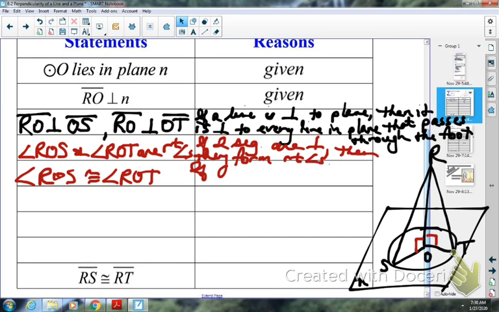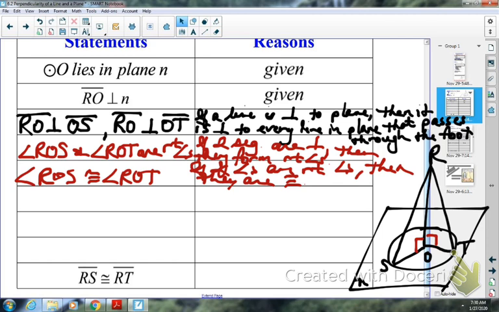And my reason, if two angles are right angles, then they are congruent. Okay, so right now we have one pair of congruent parts. So we've got to get some other pairs to make this work here. We always need 3 pairs of congruent parts to prove triangles congruent.